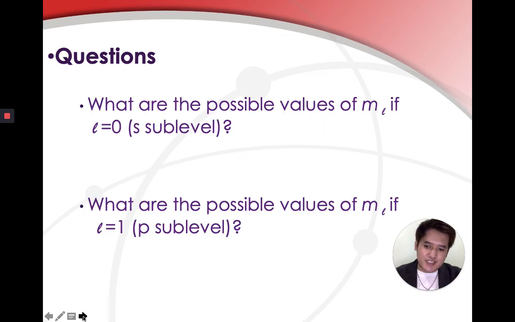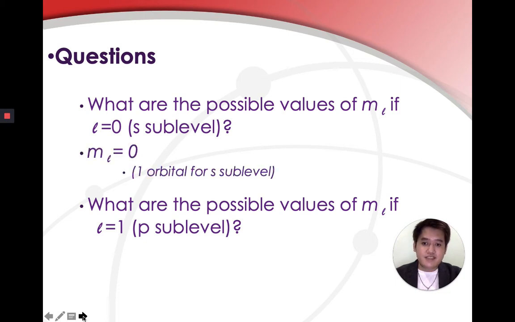We'll illustrate this further. So for example, what are the possible values of ML if L is equal to 0? Which is the S sublevel. Another way of putting it is how many orientations are there for the S sublevel? There's only 0, or there's only one orientation, and we designate that orientation as 0. ML is equal to 0.